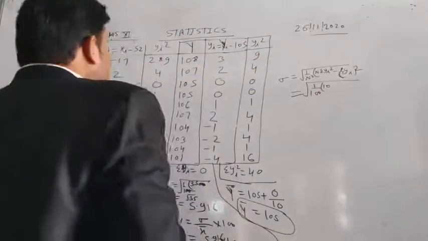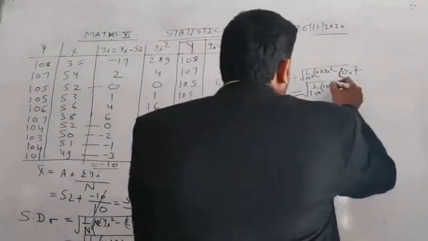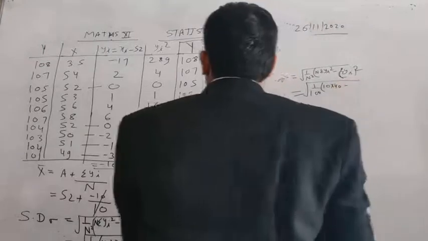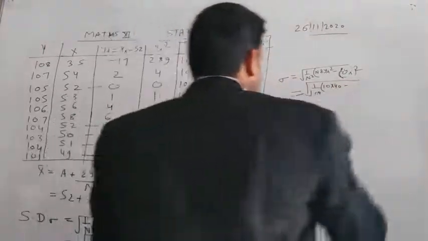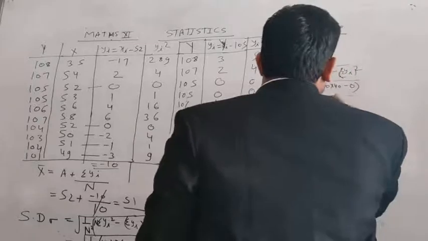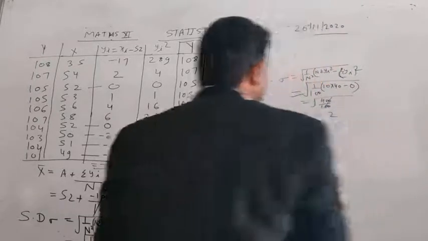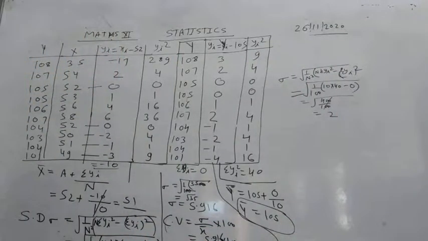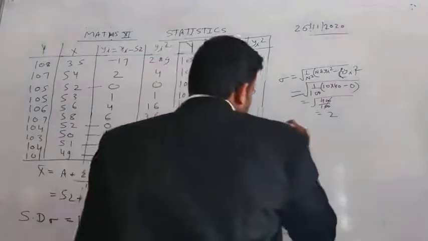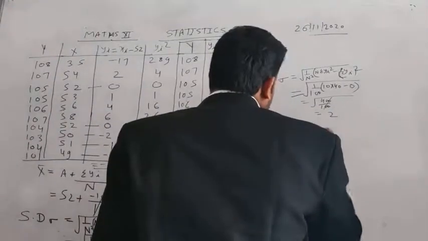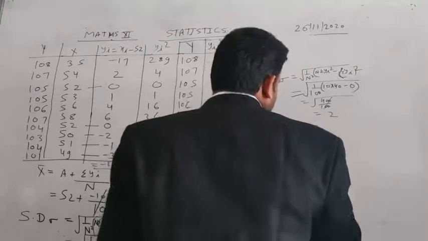Summation yi square is 40, minus summation yi whole square is 0, so under root 400 by 100. Now this is 2. So sigma is 2.